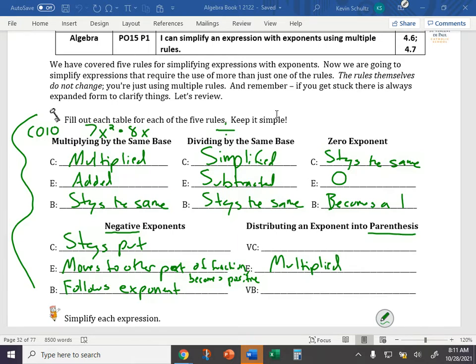Okay? And if you've got a base or a coefficient that doesn't already have a power, what happens then? Right. If you have a base or coefficient that doesn't already have a power, it gets the exponent.